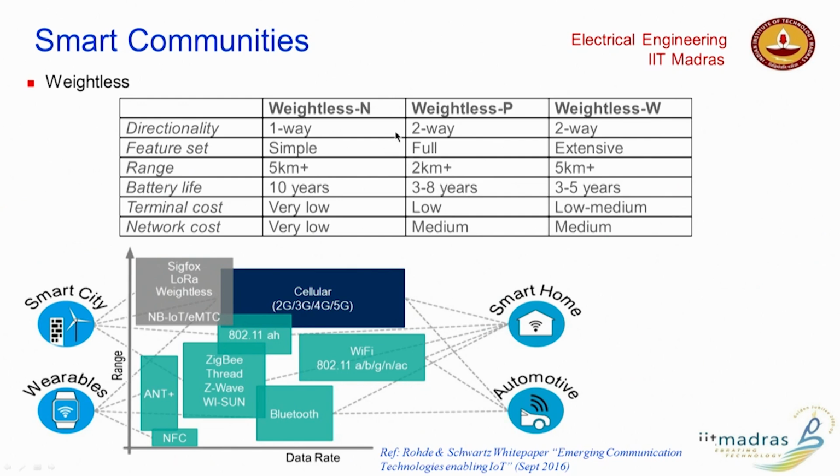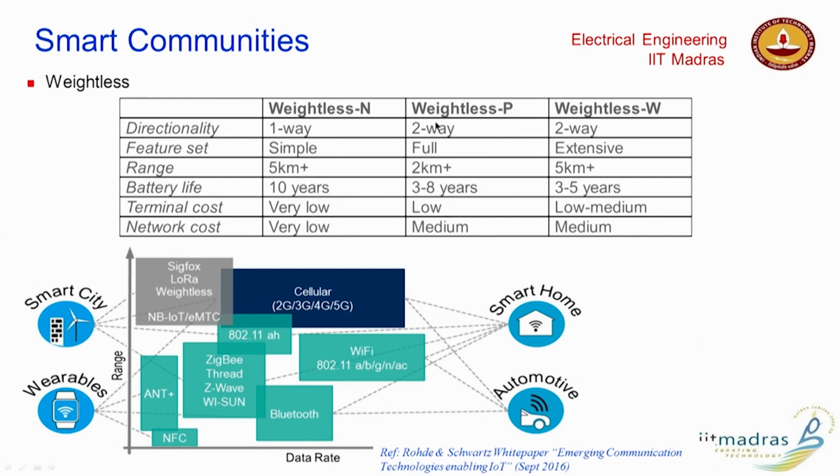Again, this is more for concept, just so that you get a feel for it. If you are willing to say that some devices are only one-way, they will only receive and not transmit anything, or only do one-way transmission, then it is very simple, and they can last for 10 years on battery.